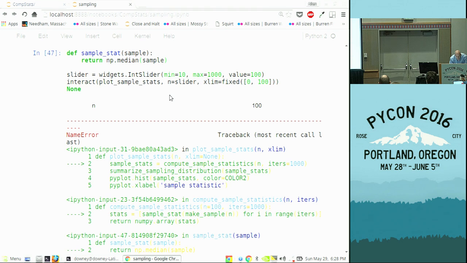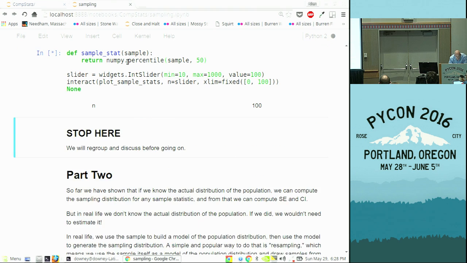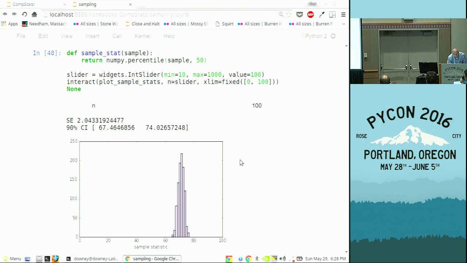But maybe I haven't defined that. Let me try percentile. So the 50th percentile is the median. So this is the sampling distribution of the median. And you can plug in the 10th percentile or the 90th.